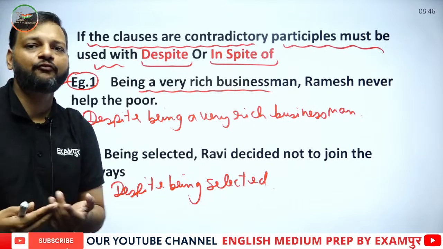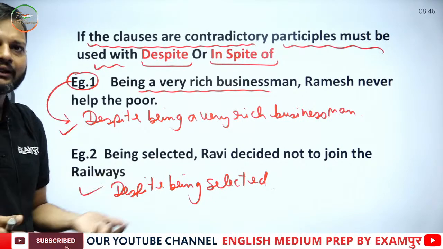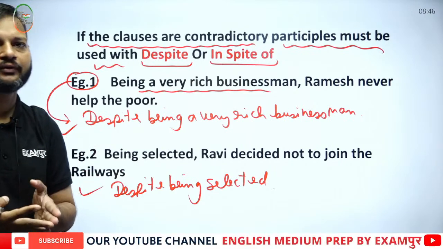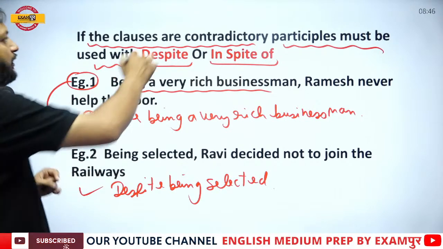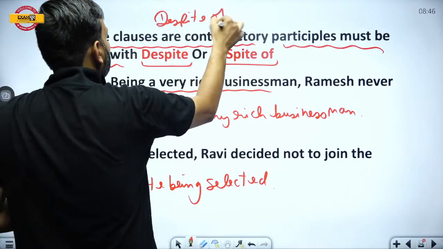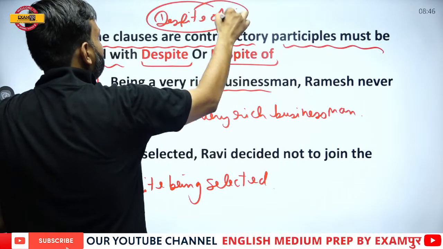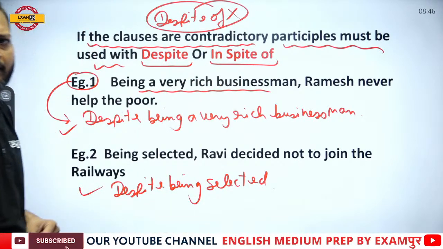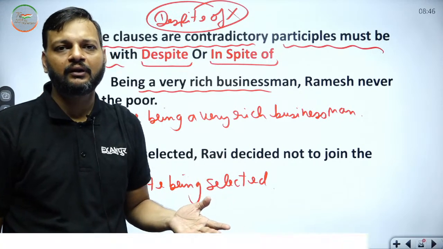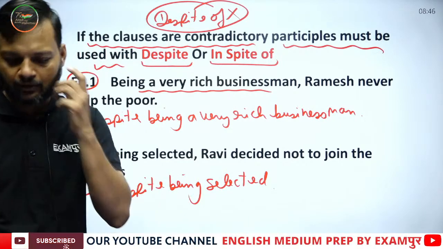Okay, you can use in spite of as well. In place of despite you can use in spite of, but don't add of. If you write despite of, this will be wrong.